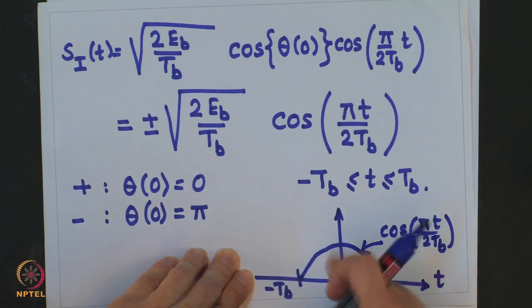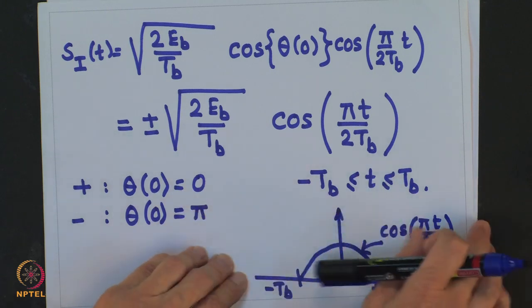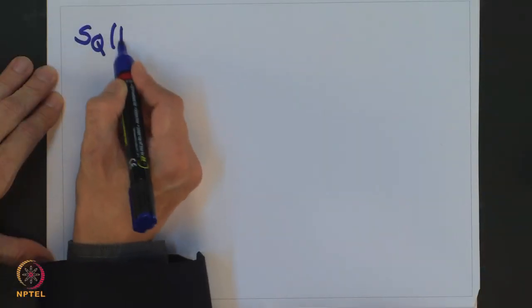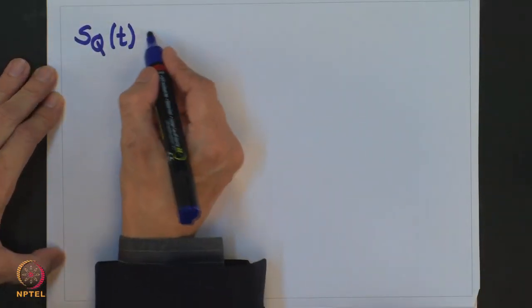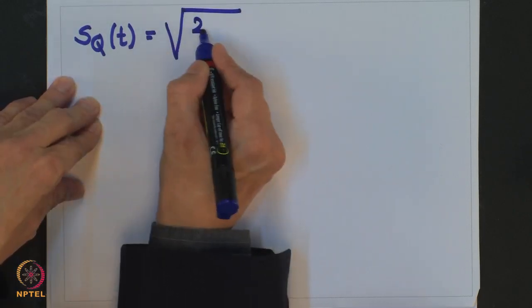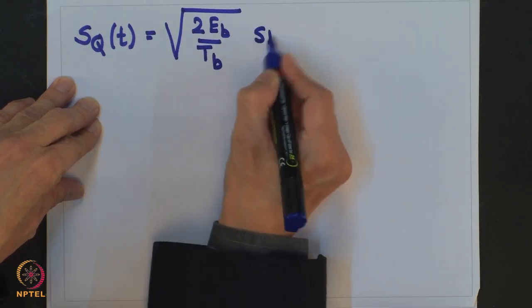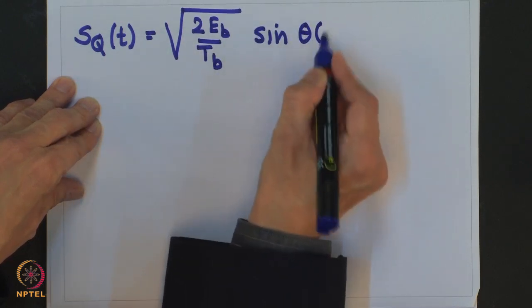If theta(0) is equal to pi, then this will be inverted. So, polarity will depend on theta(0). Okay. Fine. Now, let us look at the quadrature component, which is your s_Q(t), that is equal to root 2 Eb by Tb sine of theta(t).